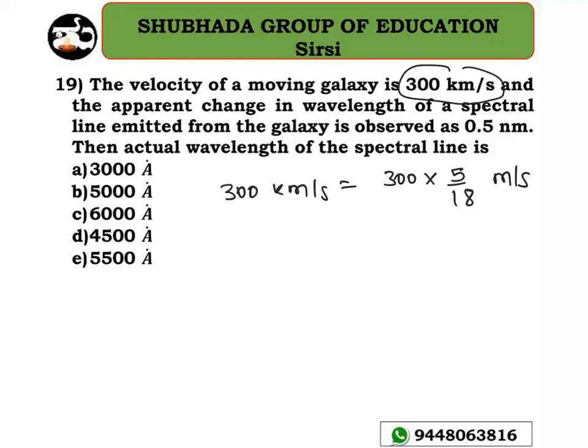Now the same thing: change in wavelength divided by actual wavelength equal to V divided by C. The question is to find the value of lambda.